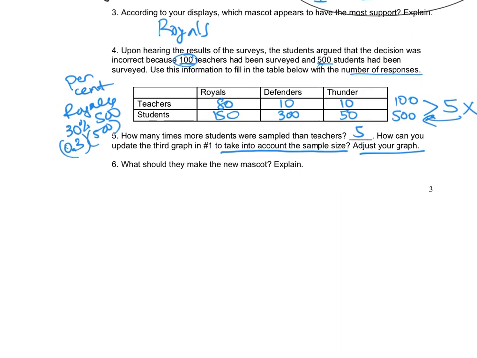So what should they make the new mascot? Explain. So the new mascot should be defenders. Okay, defenders. Because how many people wanted defenders? 310 voted for defenders. Did I spell that right? Yeah.